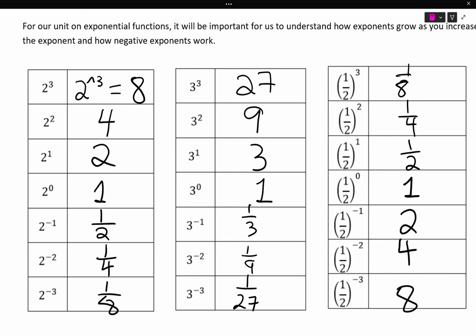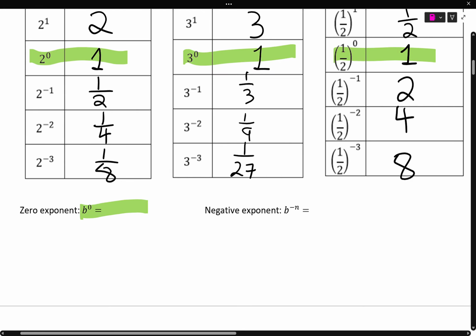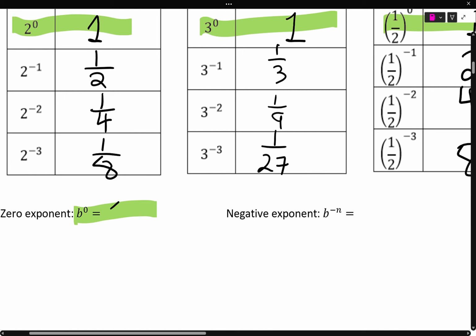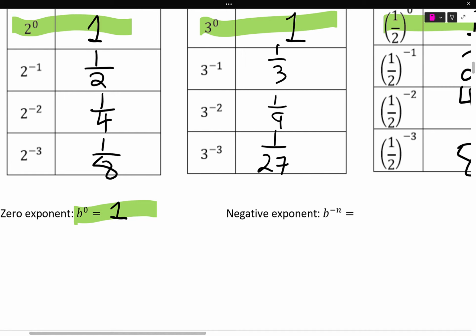So, after we filled this out and took a look at it, I asked this question. What do you notice about everything to the power of 0? And most folks were able to tell me that a number with an exponent of 0 gives us an answer of 1. Now, negative exponents, what do they do to our whole numbers?